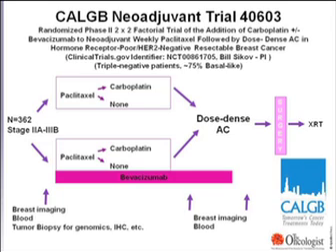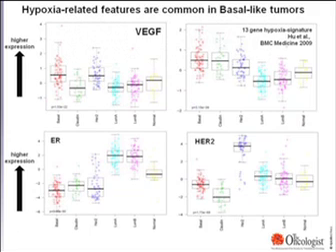In this trial, the patients are also being randomized to bevacizumab, or an anti-angiogenesis agent. This is a particularly attractive and important question in the triple negatives. And if we look at this graph here, what we have is the average expression of three genes, VEGF on the top, ER, and HER2 on the bottom, according to your intrinsic subtype, where going higher on this plot means higher expression and lower is lower.